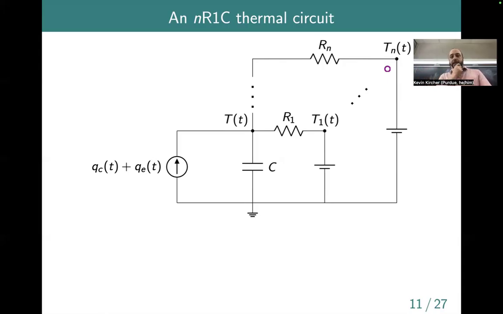Yes? Super quick, so in this model and the previous ones, most of your resistors are in parallel. Can you have them in series in a model, or why do we model it in this way? So the question is, all these resistors are in parallel. Could we model series resistances? Yes, absolutely, we could. That's actually often done in reduced order modeling of, for example, conduction through walls.